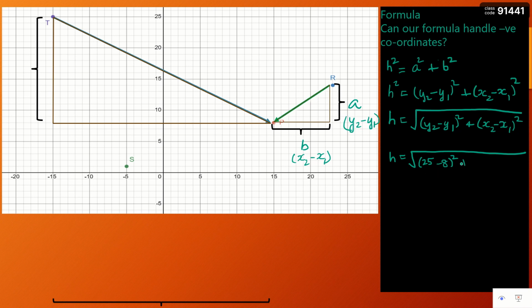So far, no issues. Now, how about x2 minus x1? So x2 here is minus 15 and x1 here is positive 15. So over here, what we're going to do is minus 15, we're going to bring down that minus positive 15. Oops, so that's double bracket, whole square.